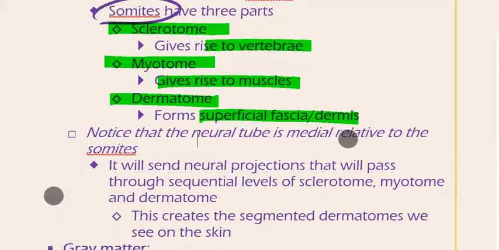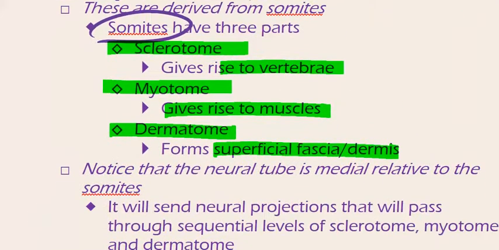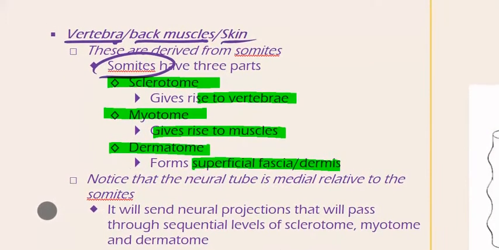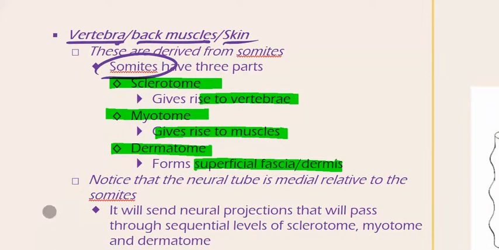When you say back muscles, are you referring to the true back muscles? Yeah, it's just skeletal muscles. So what then gives rise to the true back muscles? Is it the dorsal primary ramus?